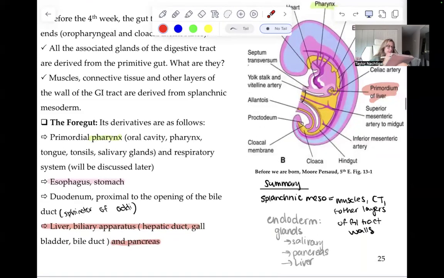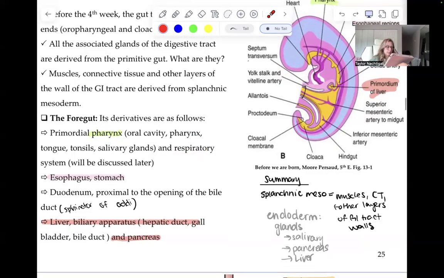Okay, the foregut. Here we have a list of the derivatives, so things that arise from it. We have the primordial mouth, oral cavity, pharynx, tongue, tonsil, salivary glands, and the respiratory system. We've got the esophagus and the stomach.